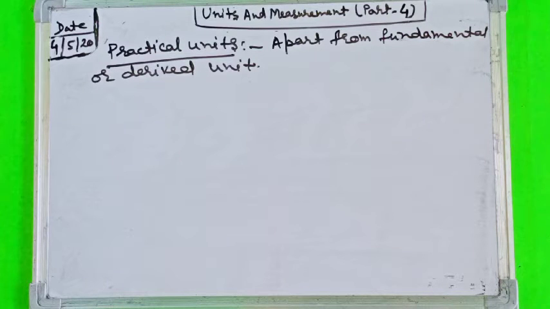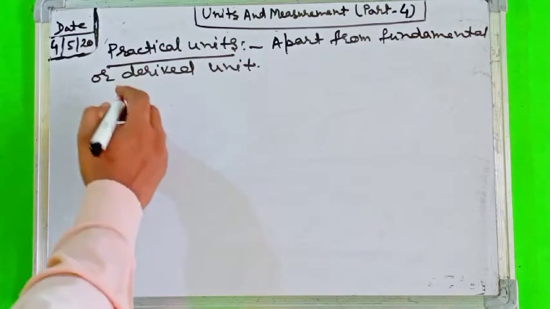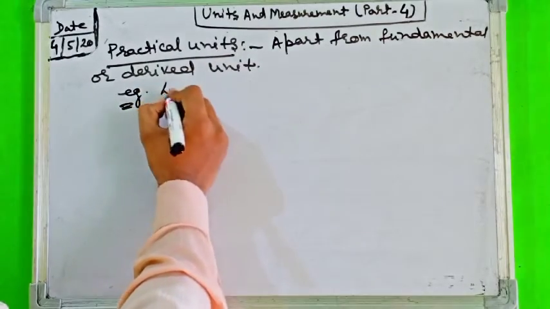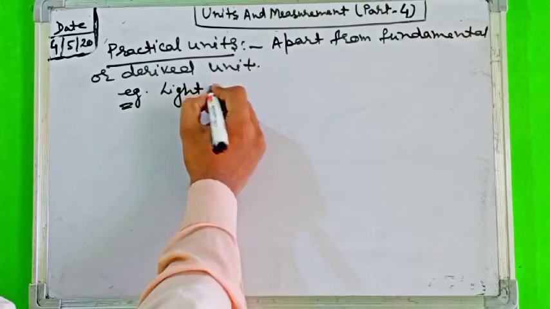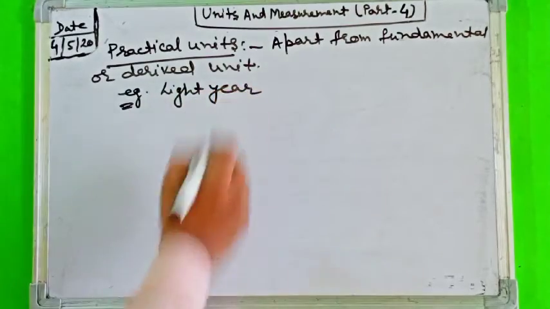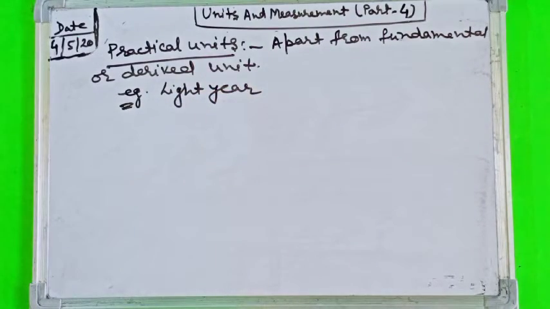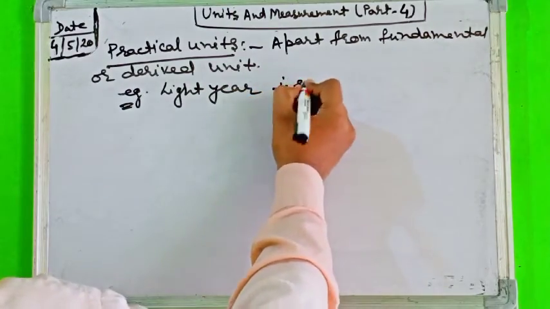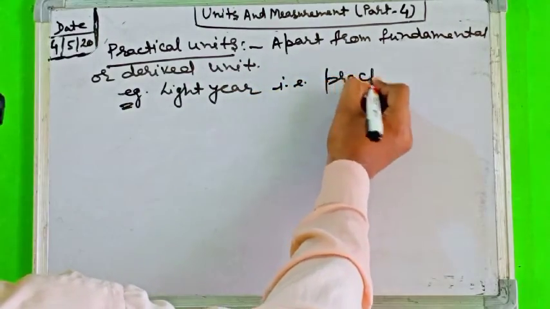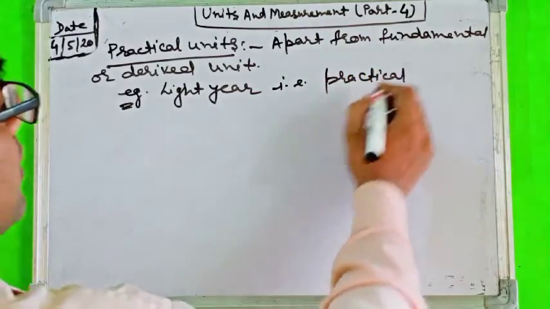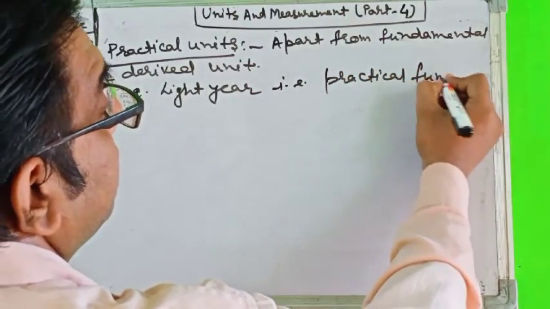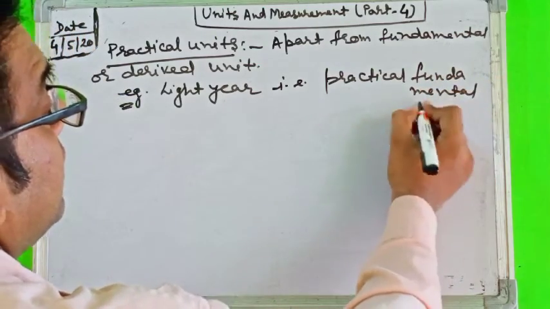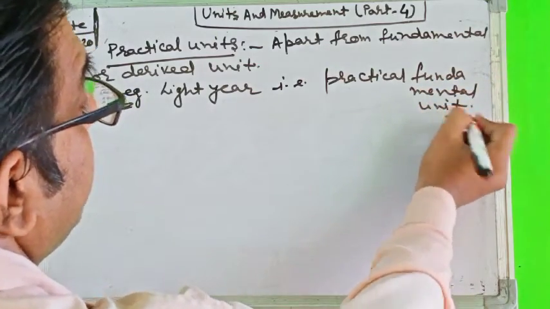So for practical units, let us discuss an example, that is light year. Light year is a practical unit, that is a practical fundamental unit.